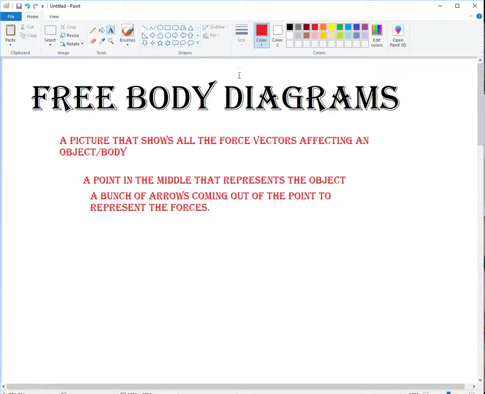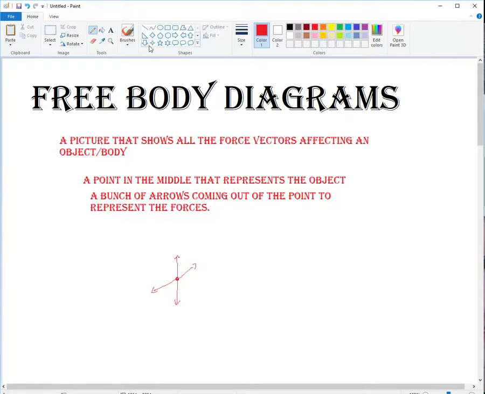So it would probably look something like this. If I take my pencil and I come down here, there's my center, and then I would have a force like this, a force like this, a force like this, a force like that. That's an example of a free body diagram.